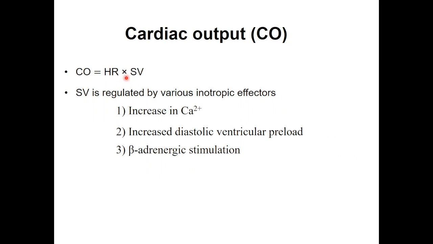So here we mainly focus on contractility. Cardiac contractility can be regulated by, one, increased calcium concentration, two, increased diastolic ventricular preload, or length-dependent activation, and third, beta-adrenergic stimulation.